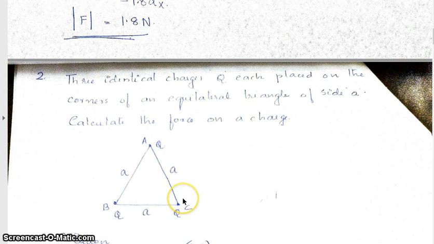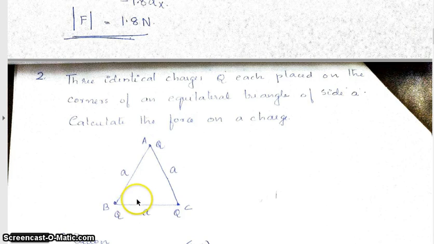They haven't specified any particular charge, so you can either find the force on the charge placed at A due to B and C, or the force on the charge placed at B due to A and C, or the force on the charge at C due to A and B. It's not specified.